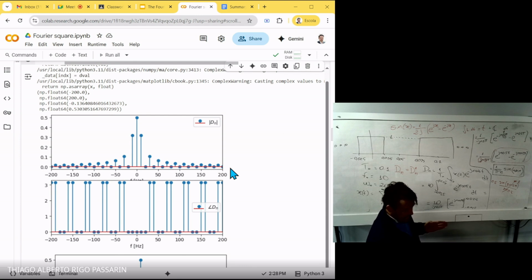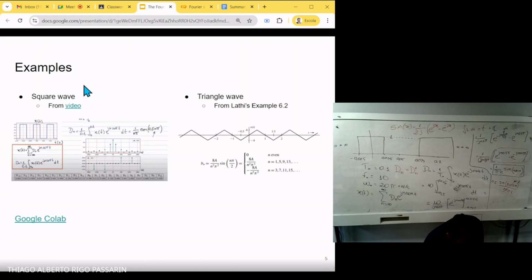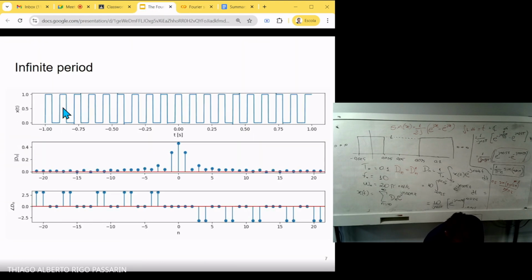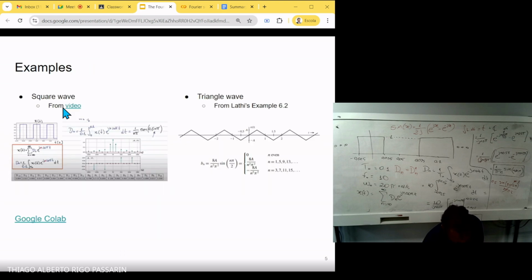If the period is larger, then the fundamental frequency will be smaller. Then I will have more elements here. We will see that in a few minutes. We'll get to that.